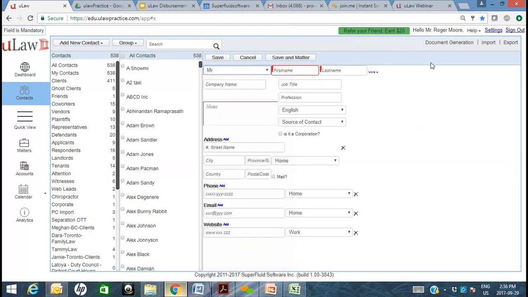Always the hardest part. Let me put in a quick address, as it is Law Society compliance. I'll say this is on King Street. Let's click the Save button.